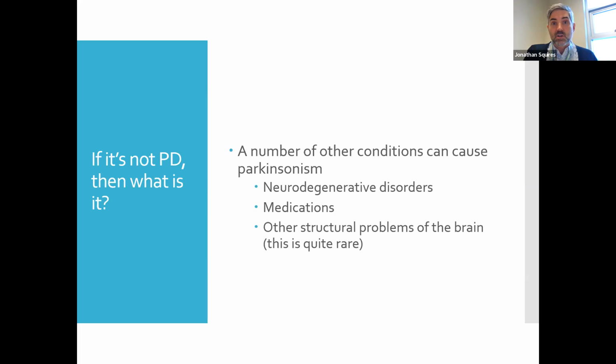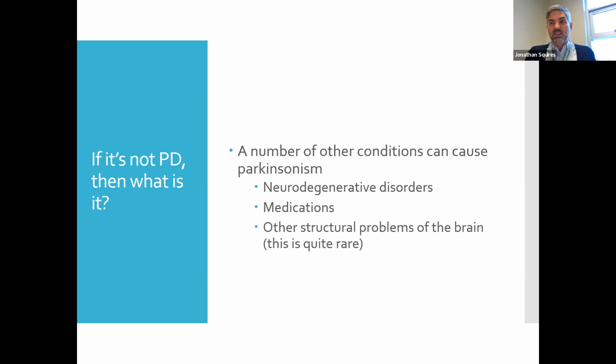Those medications are usually psychiatric medications, neuroleptics, or antipsychotic medications, that work by blocking dopamine receptors. We're not really smart enough to target only the dopamine receptors that are affecting mood, so there's an innocent bystander effect where the dopamine receptors that target movement are also blocked, and that causes similar kinds of symptoms.